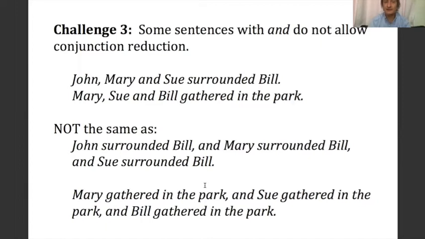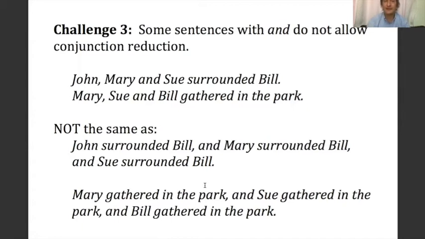Now the first one, the surrounding case, it does make sense. You can imagine people putting arms around another person, and you can maybe think of that as they're surrounding the person. It's a little bit of a stretch. But that's not what the original sentence is going to be taken to mean.